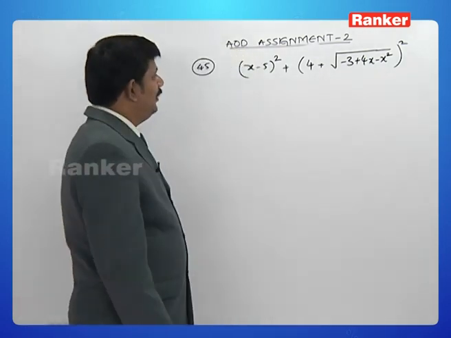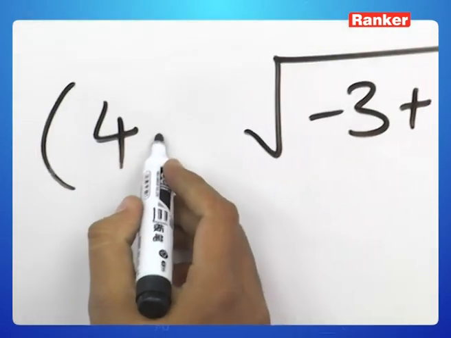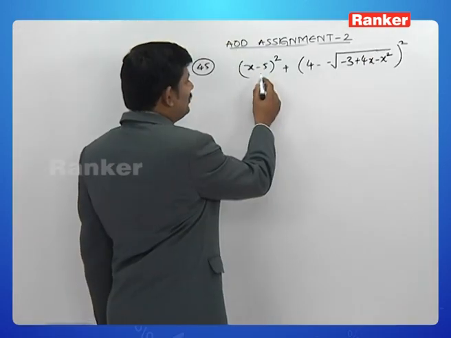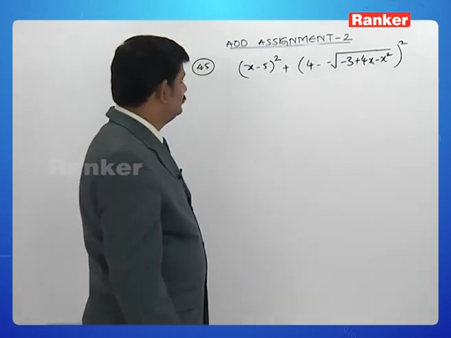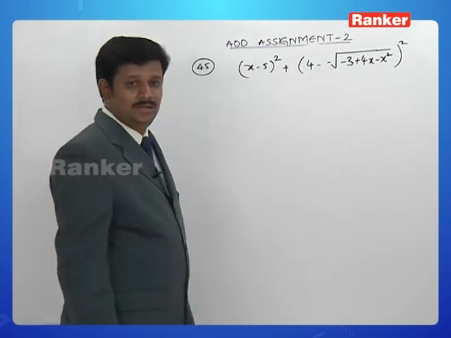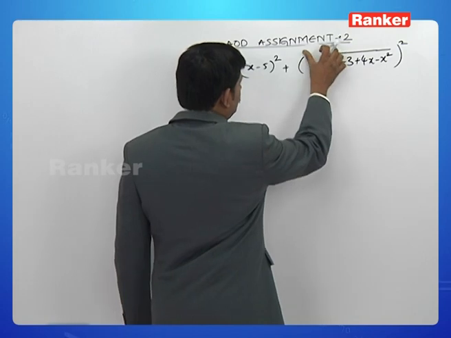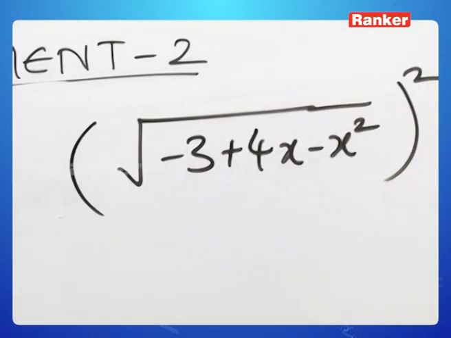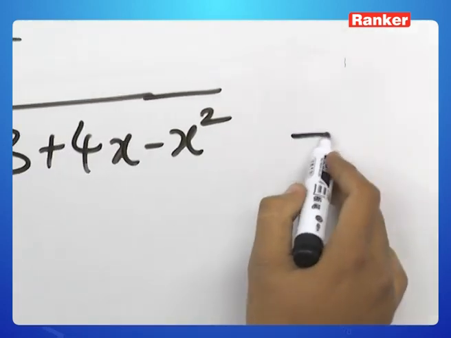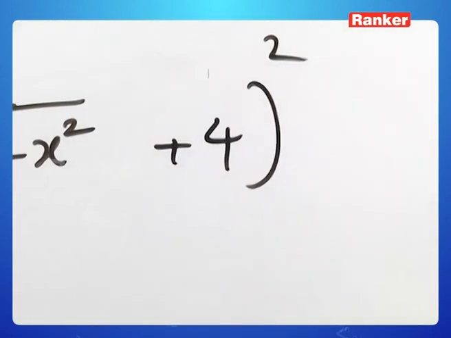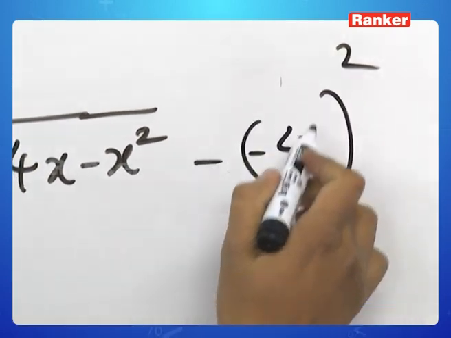Now, if we observe this, we can see it in the form x1 minus x2 whole square plus y1 minus y2 whole square. We can also write this as root over minus 3 plus 4x minus x square, whole square, plus 4 whole square, and this 4 can be written as minus of minus 4.